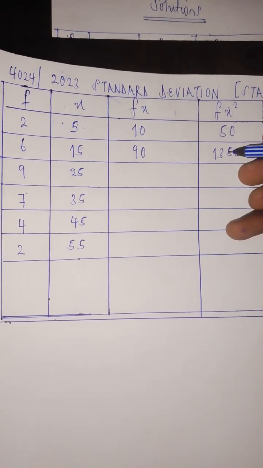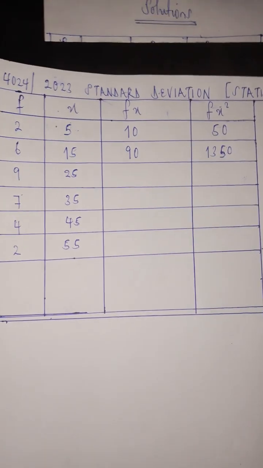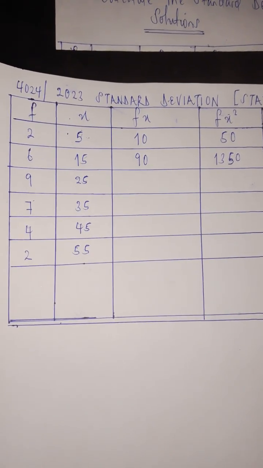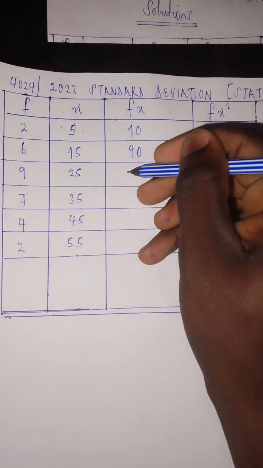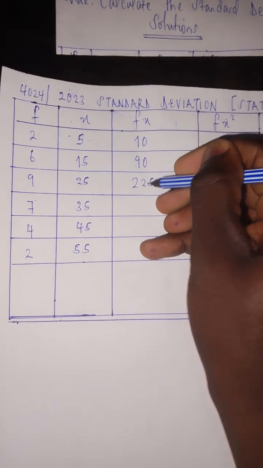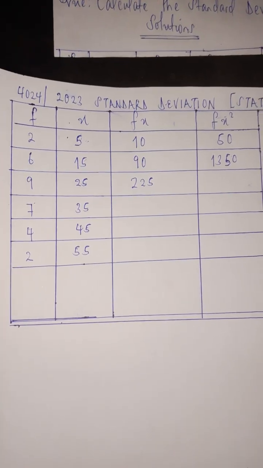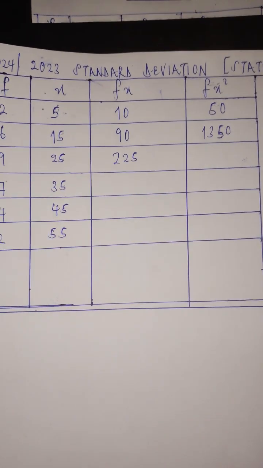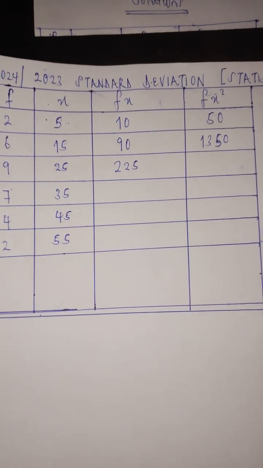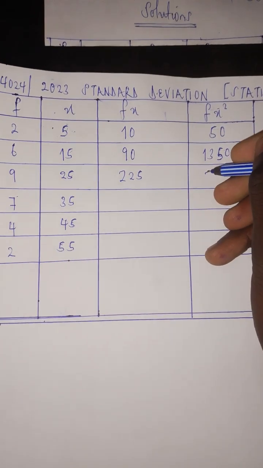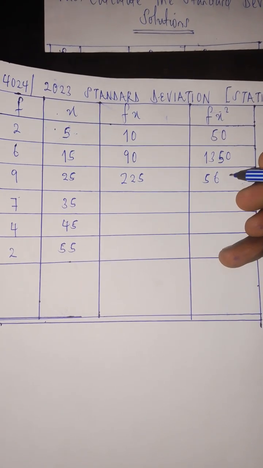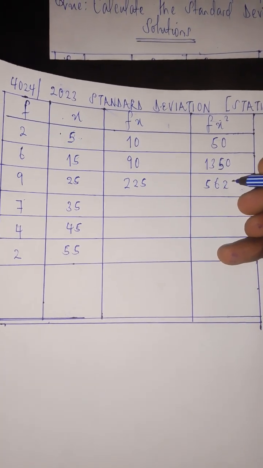Then 25 by 9, that is 225. 225 by 25, that is 5,625.